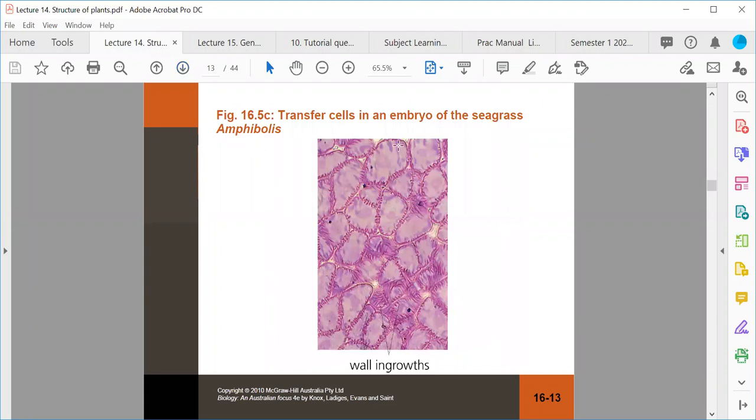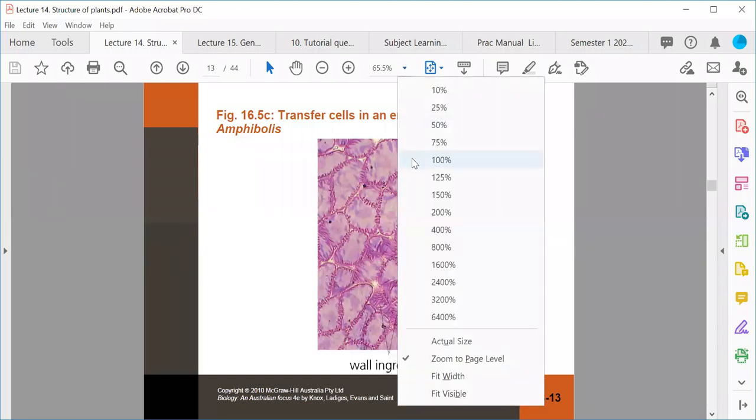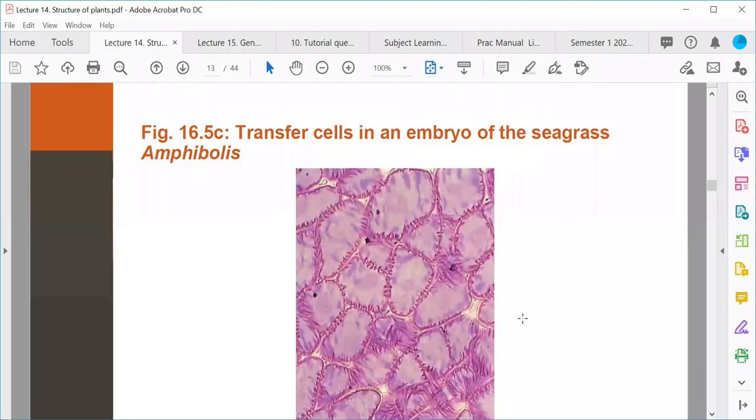All right, another type of cell, these are transfer cells. And these cells, you probably can't see it very clearly here. Let me enlarge this a little bit. Okay, that's better. So these transfer cells, they're found in an embryo of a seagrass. And what they have here, where it looks like there's little lines in between each of these cells, those little lines are actually ingrowths of the cell wall.